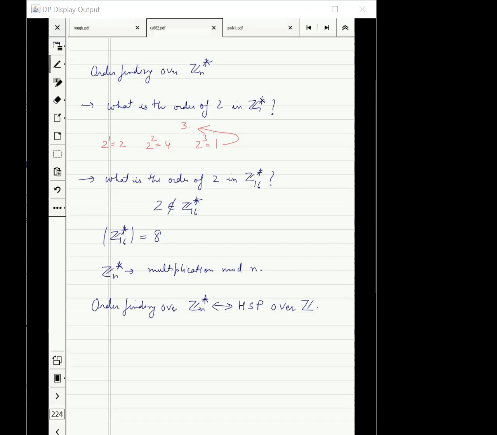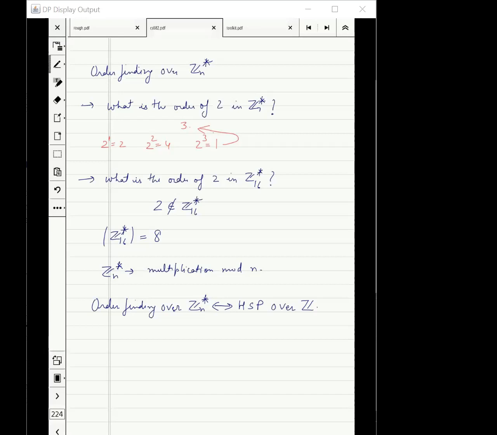This is interesting. This is in some sense showing that once we can do order finding, then we have a quantum algorithm. Once we can reduce factorization to order finding, we will have an algorithm for factorization. This is almost true, because why is this not completely true?